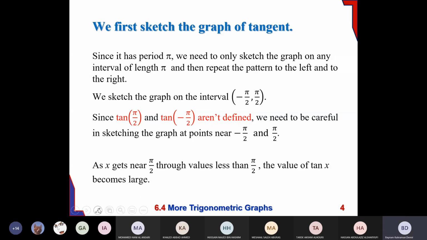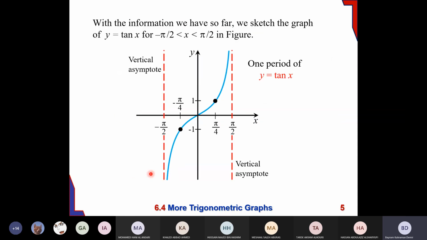Since it is undefined at negative pi over 2 and positive pi over 2, we draw vertical lines, which we call vertical asymptotes. To get some idea how to sketch the tangent graph, we can choose a couple of points and see if it is increasing or decreasing.